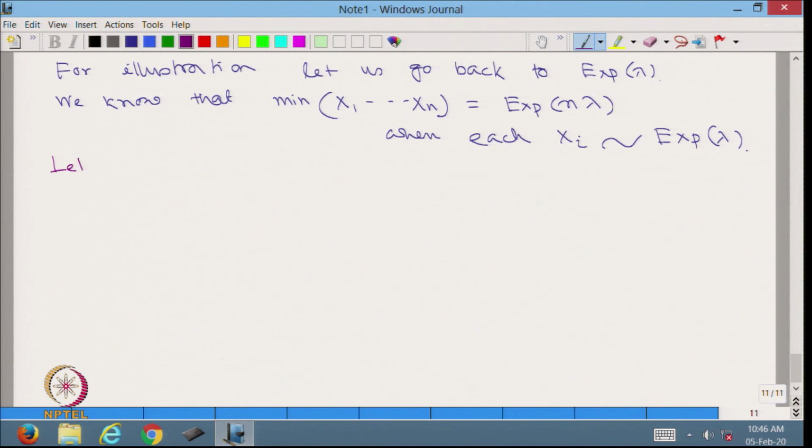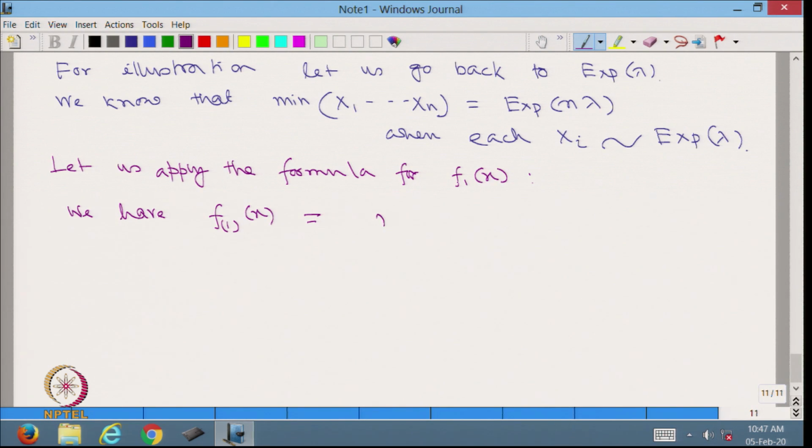Let us apply the formula for f1(x). We have f1(x) is equal to n into (1 minus F(x)) to the power n minus 1 into small f(x).